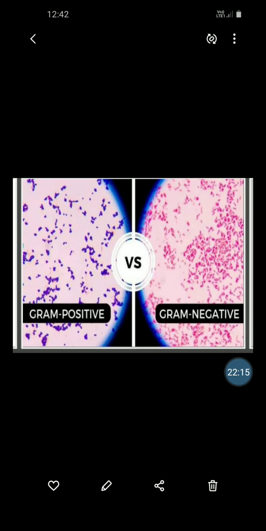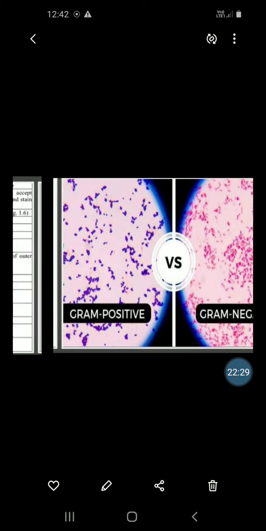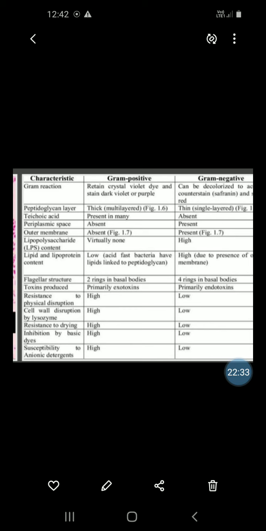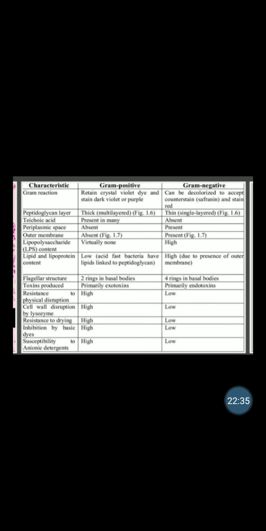Gram-positive bacteria show which color? That is violet color. And gram-negative bacteria show presence of which color? That is pink color.